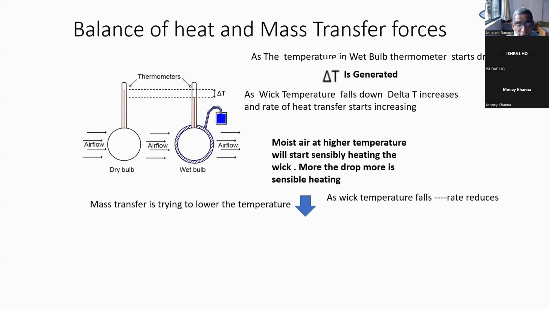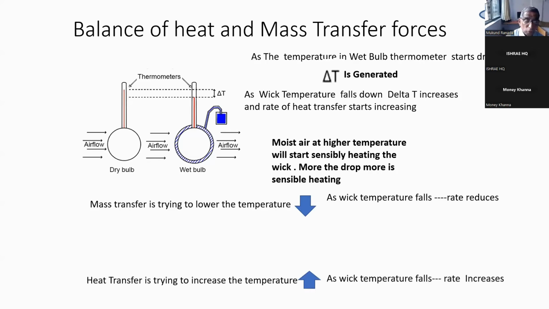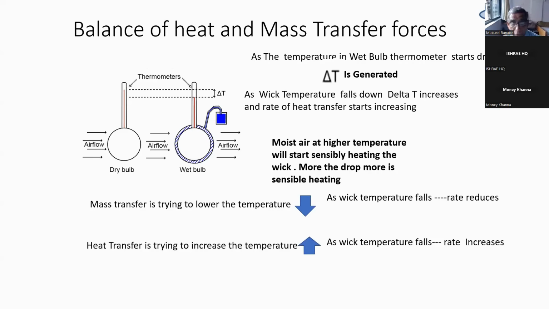Now, the most interesting fact is that mass transfer is trying to lower the temperature, because by mass transfer, the latent heat is taken by the wick. But as the wick temperature falls, the rate of mass transfer reduces and the rate of lowering the temperature also reduces. The moment the temperature starts going down, the heat transfer is trying to increase the temperature, and as the wick temperature falls, this rate increases because delta T increases.